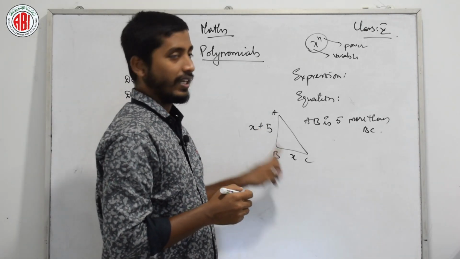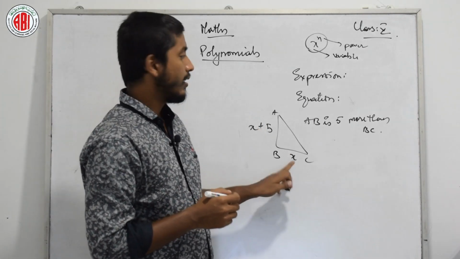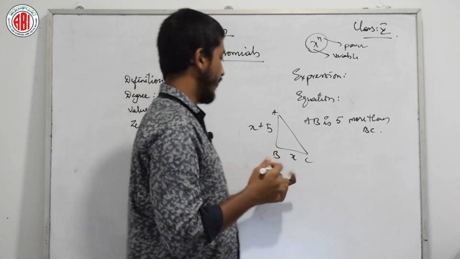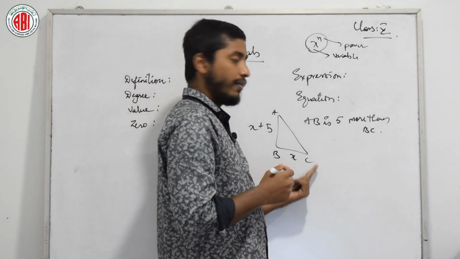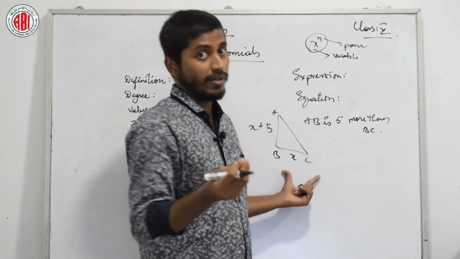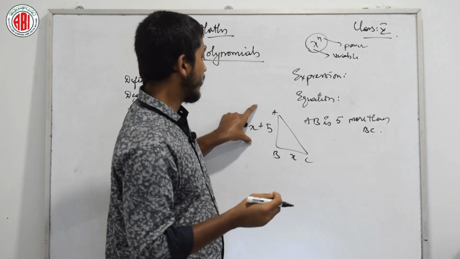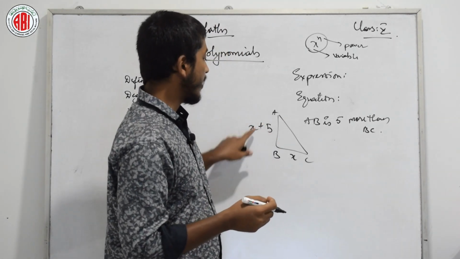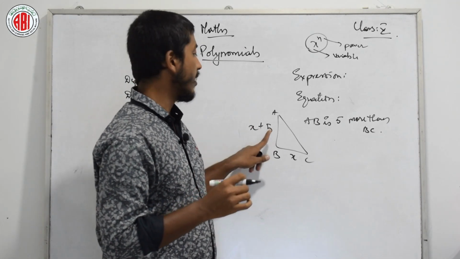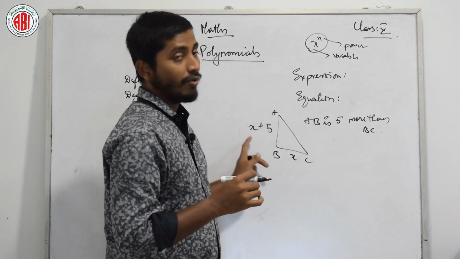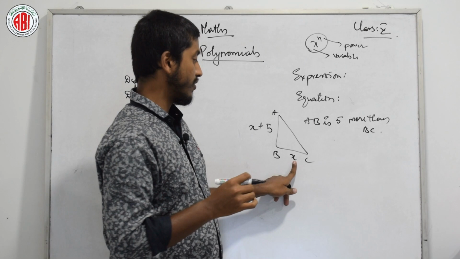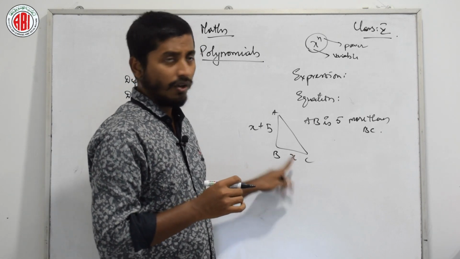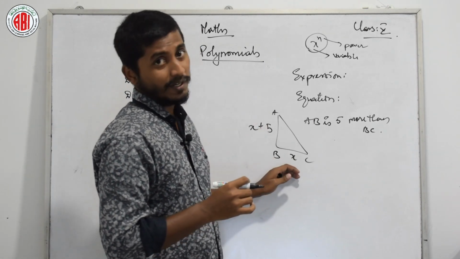See here, these are two expressions. We are assuming BC as x, that is an expression. Whereas AB is x plus 5, since it is clearly given that AB is 5 more than BC, and we have assumed BC as x. These are different kinds of expressions.